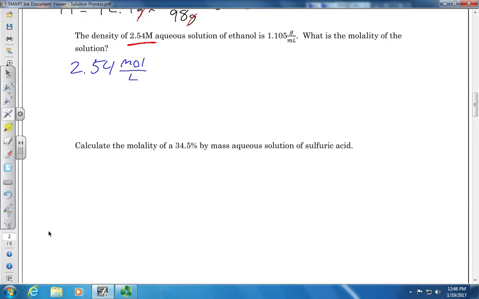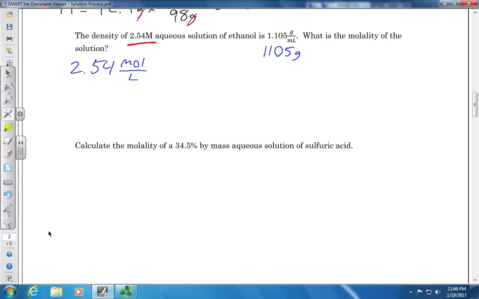In those terms, we need to look at the density in terms of liters. So if this is 1.105 grams per milliliter, it could also be construed as 1,105 grams if we're dealing with 1 liter.